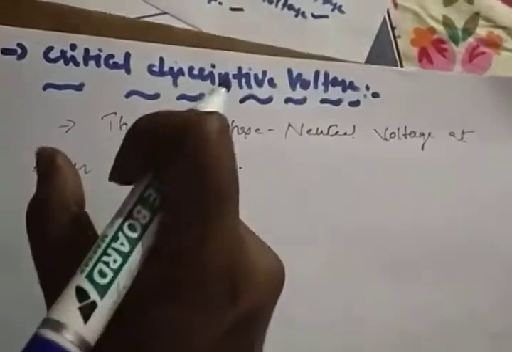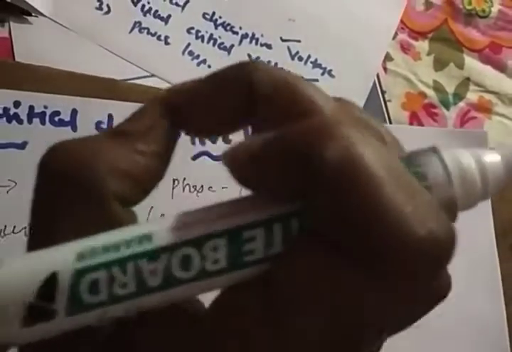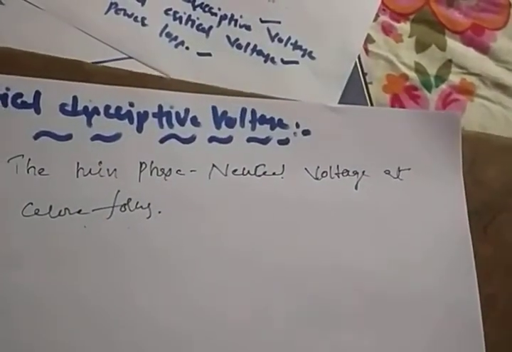That means the minimum voltage at which the air breaks down and the corona forms. The gradient voltage required to break down the air, that voltage we can call the critical disruptive voltage.